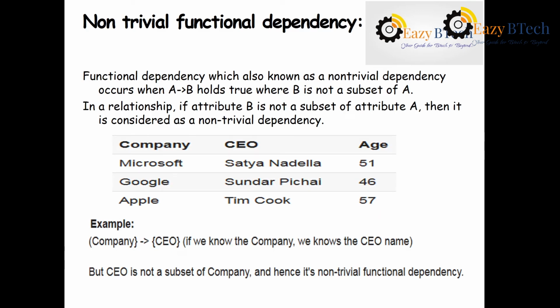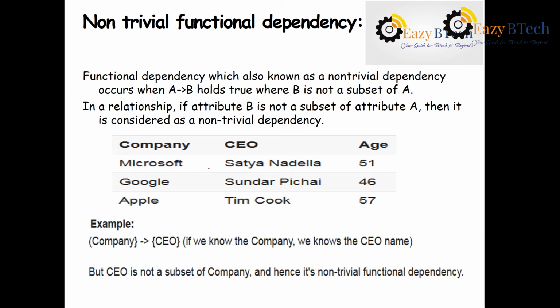Non-trivial dependency is a functional dependency where A determines B holds true and B is not a subset of A. Suppose you take Microsoft, Satya Nadella, age 51. Google, Sundar Pichai.